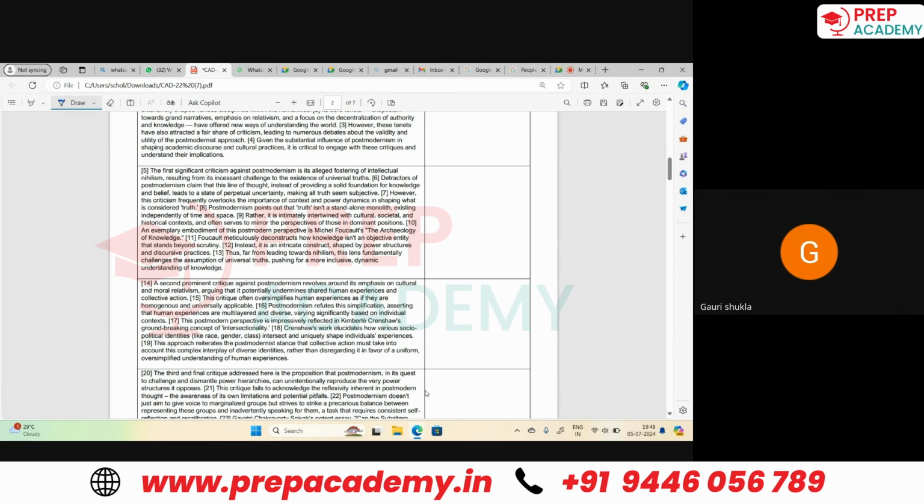The first significant criticism against postmodernism is its alleged fostering of intellectual nihilism, resulting from its incessant challenge to the existence of universal truths. Detractors of postmodernism claim that this line of thought, instead of providing a solid foundation for knowledge and belief, leads to a state of perpetual uncertainty, making all truth seem subjective. However, this criticism frequently overlooks the importance of context and power dynamics in shaping what is considered the truth. Postmodernism points out that truth isn't a standalone monolith existing independently of time and space.